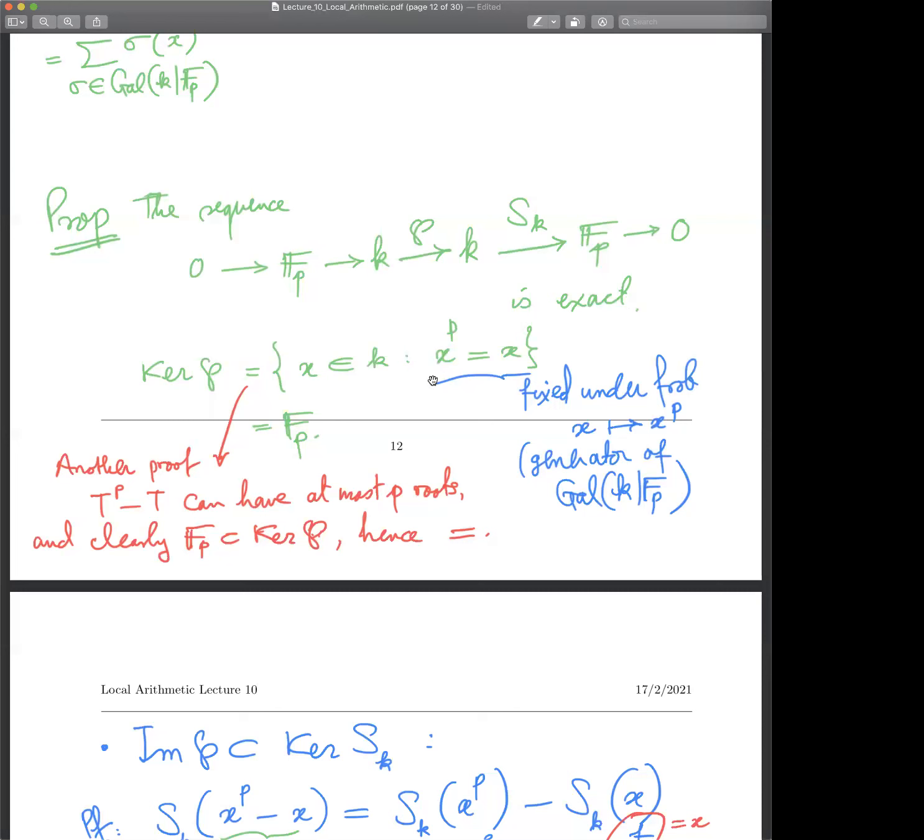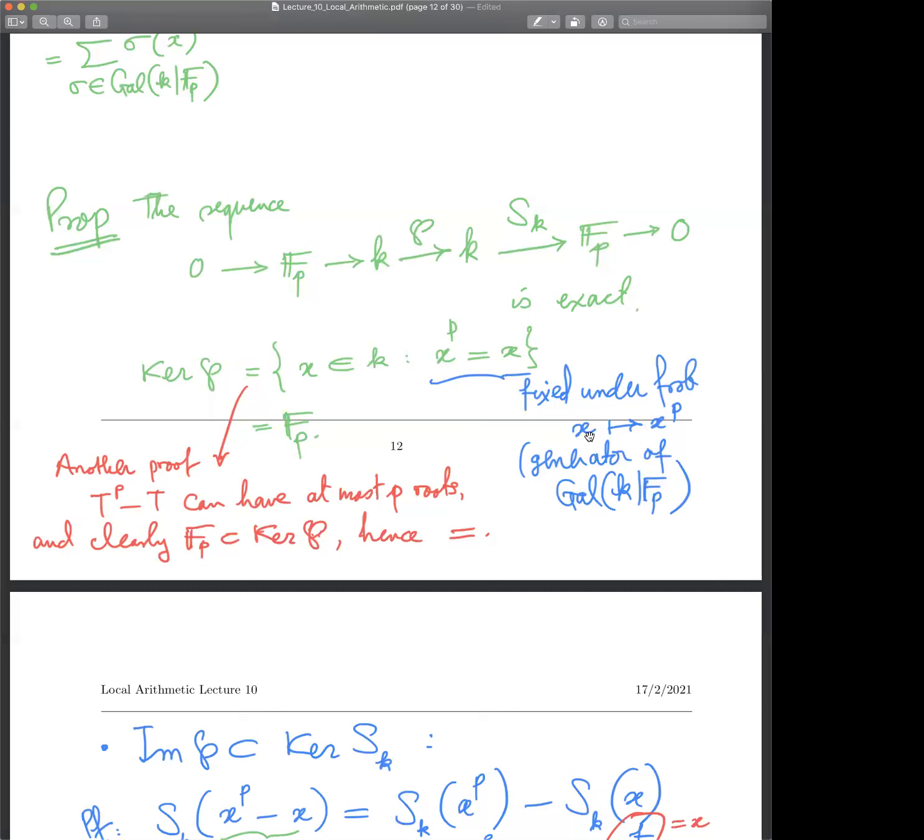So p of x is 0 means x to the power p is equal to x. Now if you know a little bit of Galois theory, this equation amounts to saying that x is fixed under the generator of the Galois group of k over F_p.